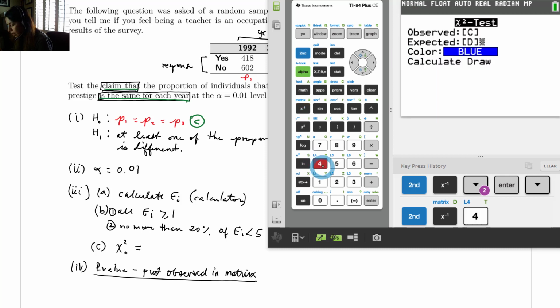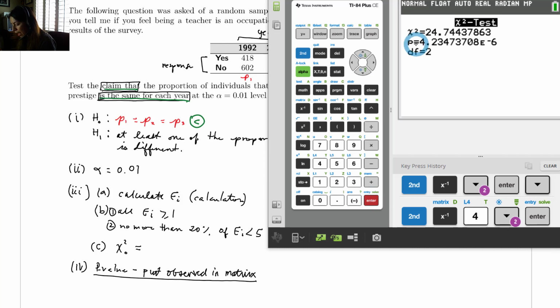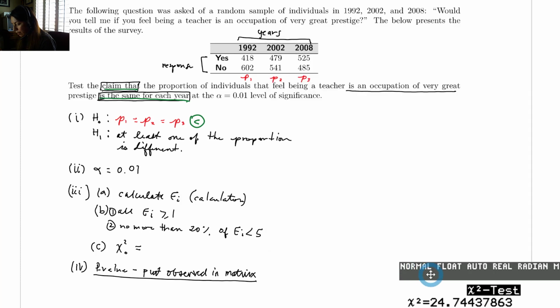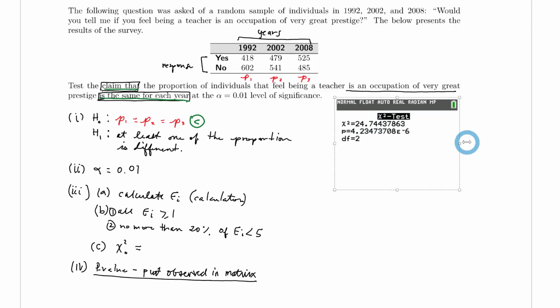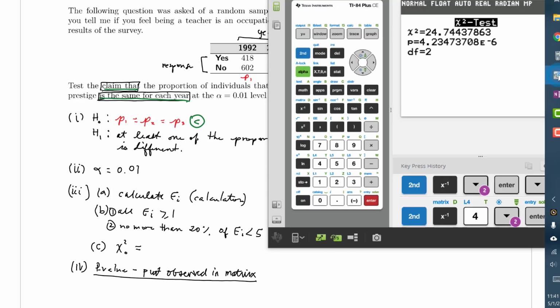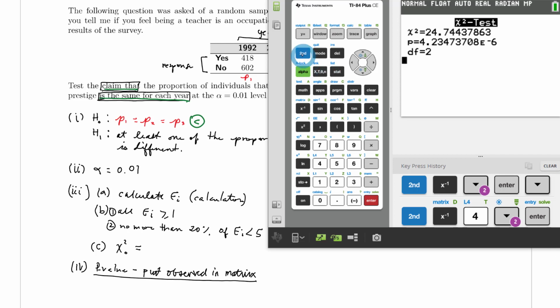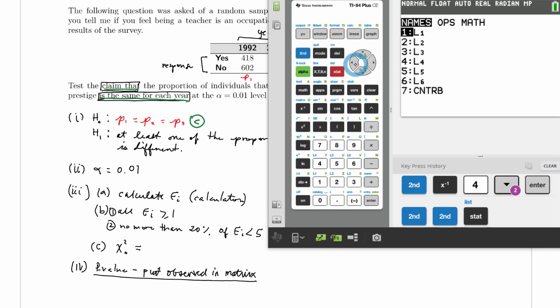Okay, so let me go ahead and calculate it. And let me drag this over. So at that point, the moment I hit calculate, it automatically ran the numbers for the expected counts. So let's go back and hit stat, test, and go back to chi-square.